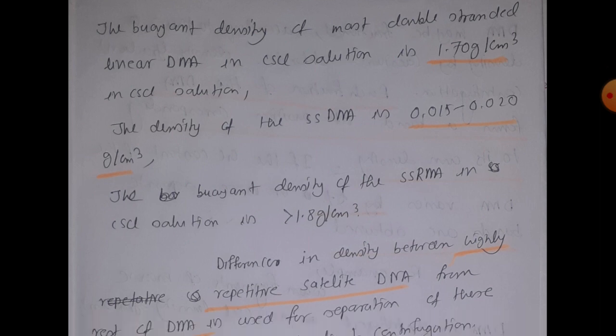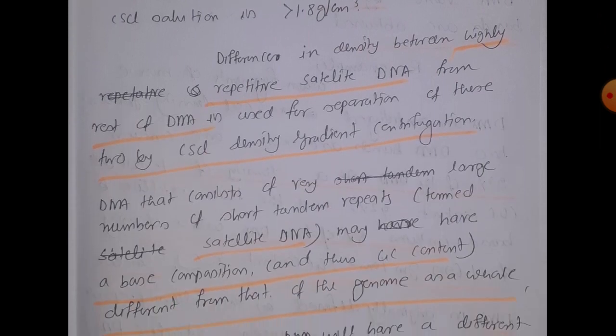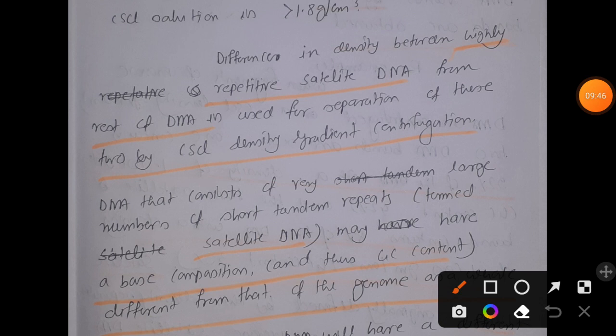Now we will see some applications of DNA separation with the help of equilibrium density gradient separation. The first important one is the separation of satellite DNA from the rest of the DNA. What is satellite DNA? Satellite DNA is a DNA molecule which has highly repetitive sequences.